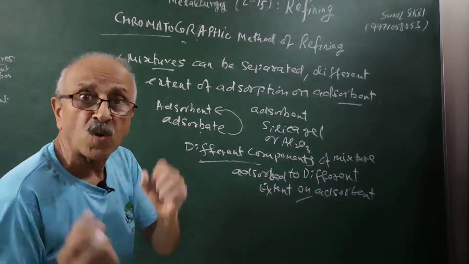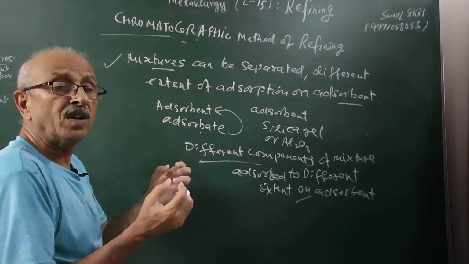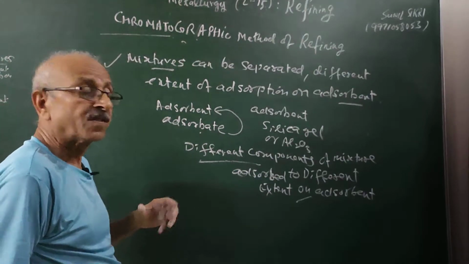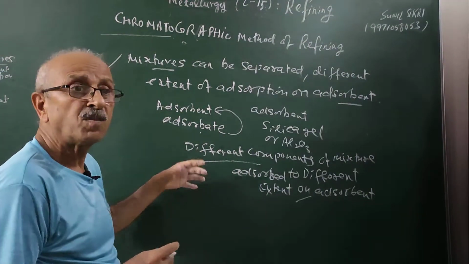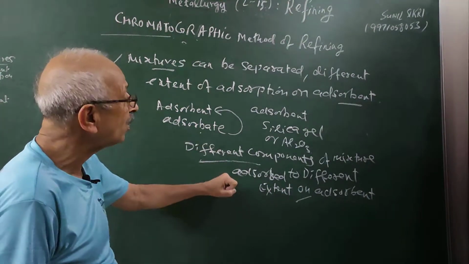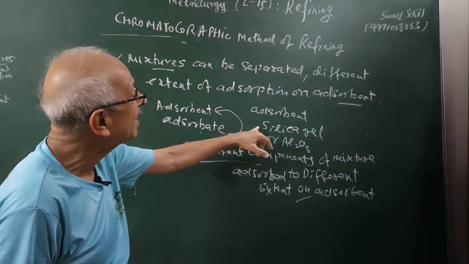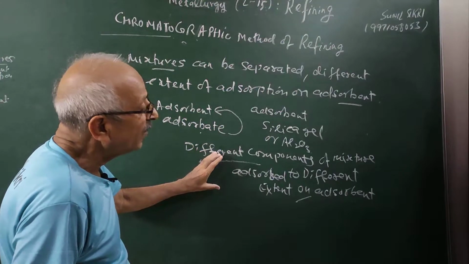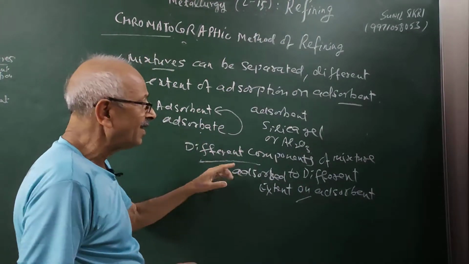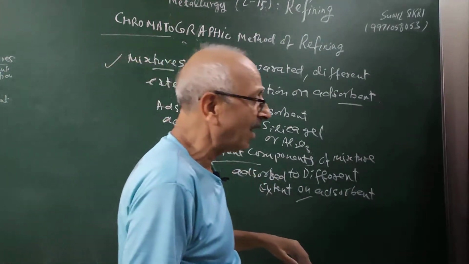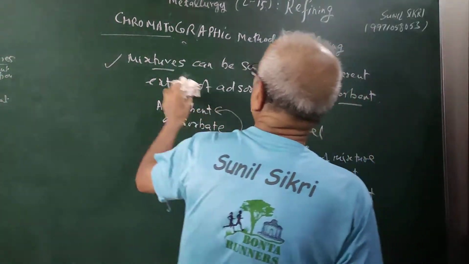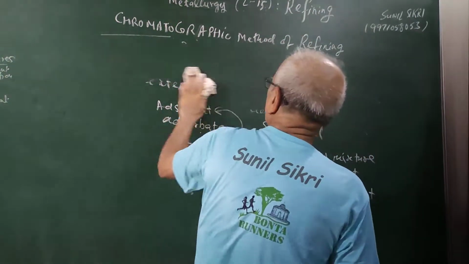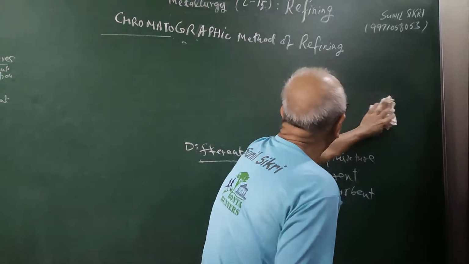Some components are strongly adsorbed depending on the nature of the interactions, because certain substances will be more strongly adsorbed. A polar molecule will be more strongly adsorbed on the adsorbent, which we are saying is silica or alumina, or there could be some other possibilities. Because the adsorption of different components is different, it becomes possible to separate them, and therefore in such chromatography we use two phases.